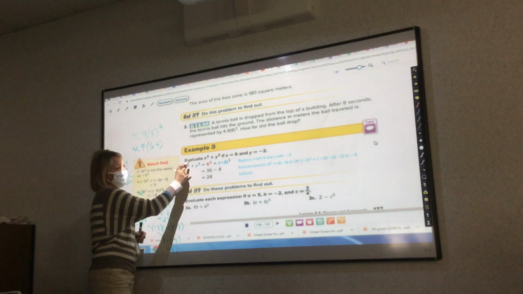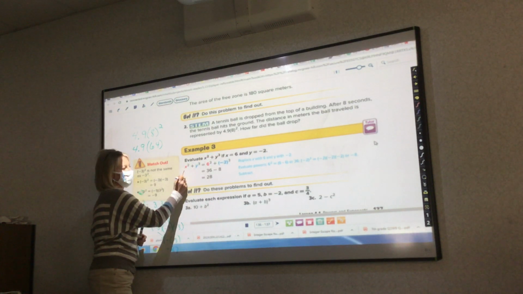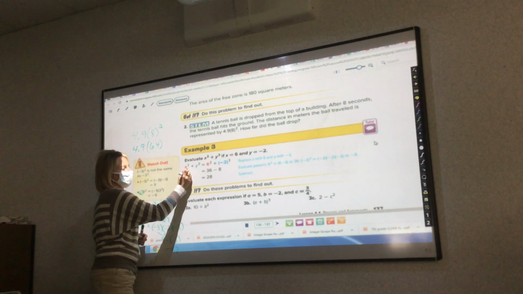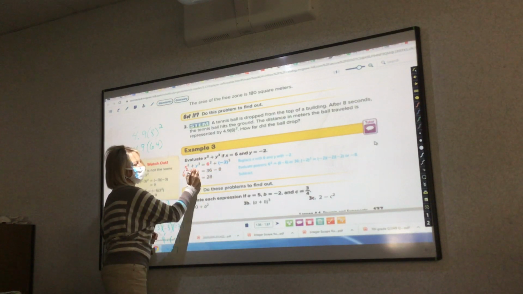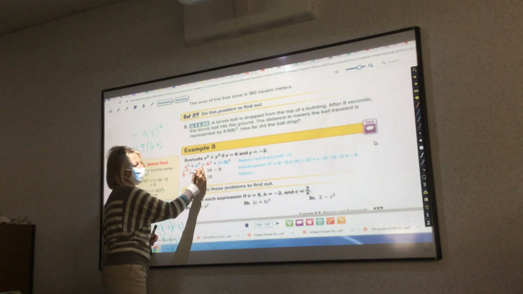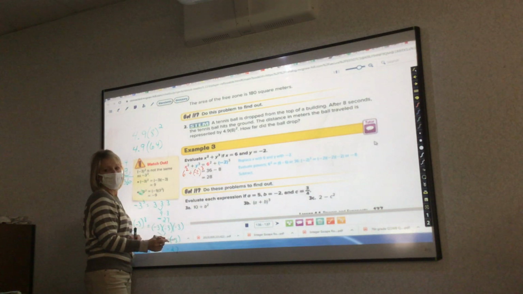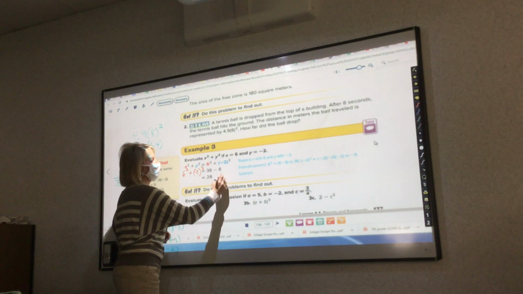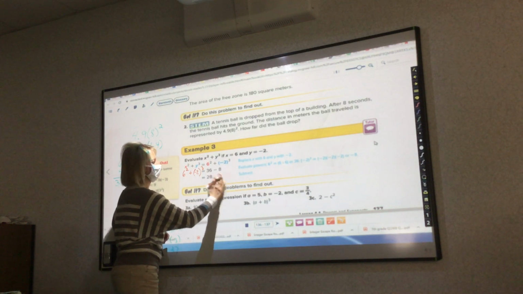X squared, x is 6, so I put 6 in for my x and show that squared. Plus, my y is a -2, so that has to be a (-2) cubed. So then that's like saying a -2, I'll just put that underneath here.